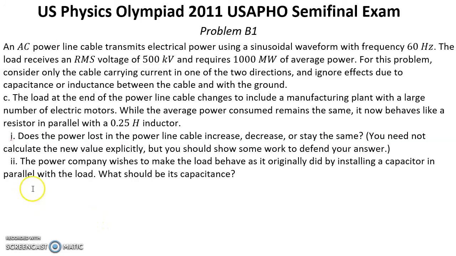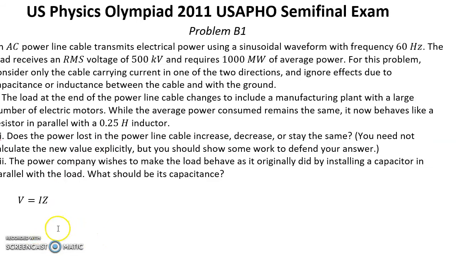Solution. For the first question, if we put the inductor in parallel with a resistor, the total impedance will decrease, using Ohm's law. Now we can use voltage, current, and impedance as complex numbers, and in this case we have Z as this expression.